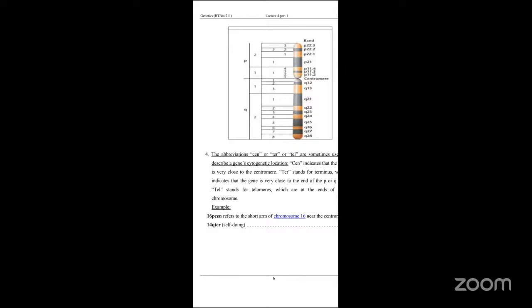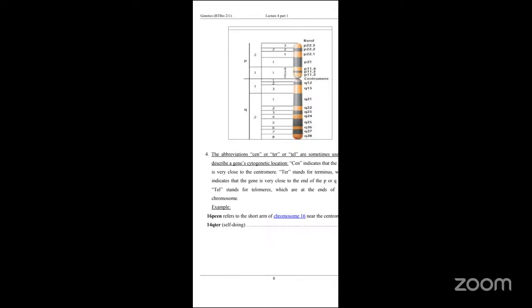You number the chromosomes from 1 to 22, and the sex chromosomes as X and Y. Then you also designate the arms as Q and P. Each chromosome has a centromere in between, and this centromere holds the two chromatids, one a short arm and the other a long arm. P is used for the short arm and Q for the long arm.